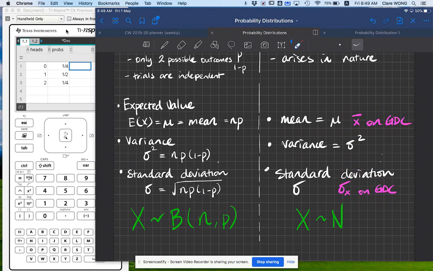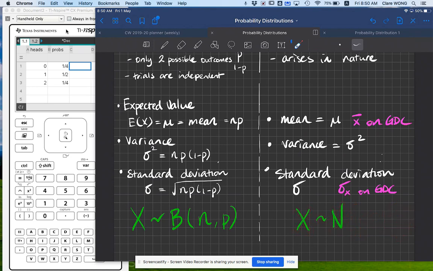The notation that we use to show that a random variable follows a normal distribution is bracket, and then we will have mean and sigma square. So you'll be very careful, particularly about this.